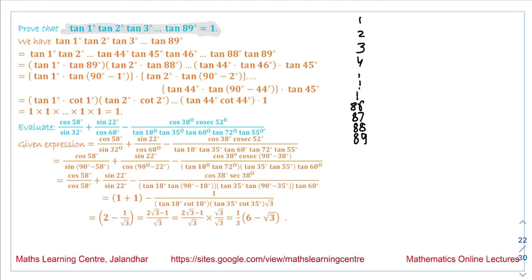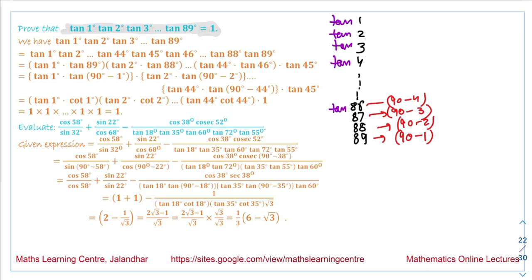If we look at this value 89, we can write it as 90 minus 1, this is 90 minus 2, this is 90 minus 3, this is 90 minus 4. The values we have over here are tan 1, tan of 2, tan of 3, tan of 4, then tan of 86, tan of 87, tan of 88, tan of 89.